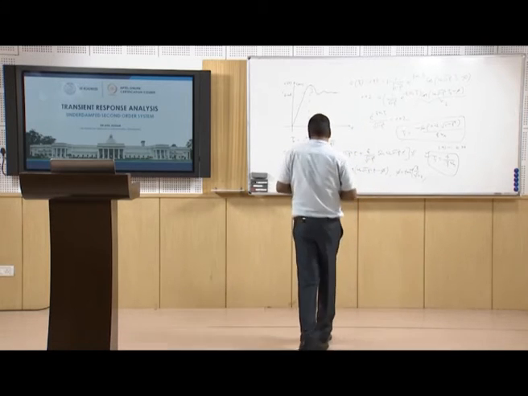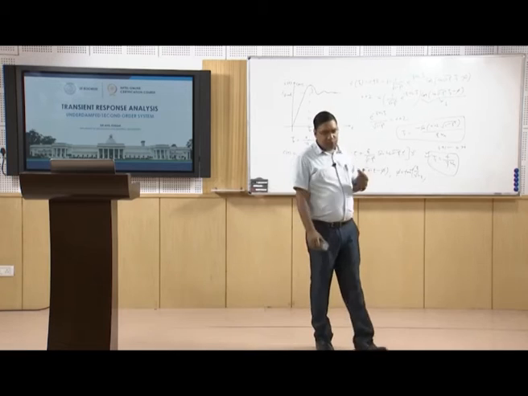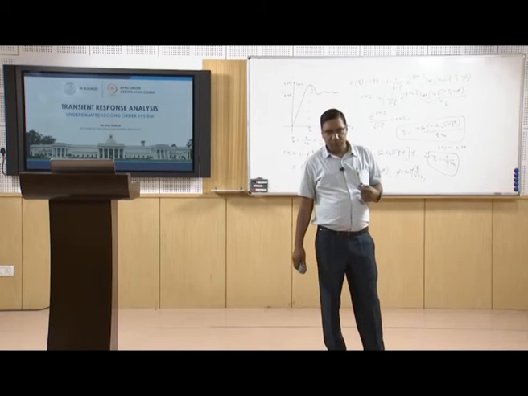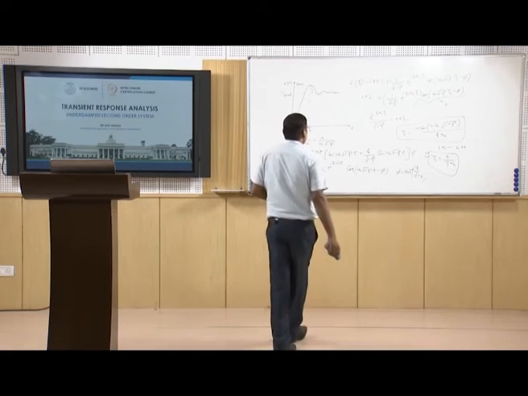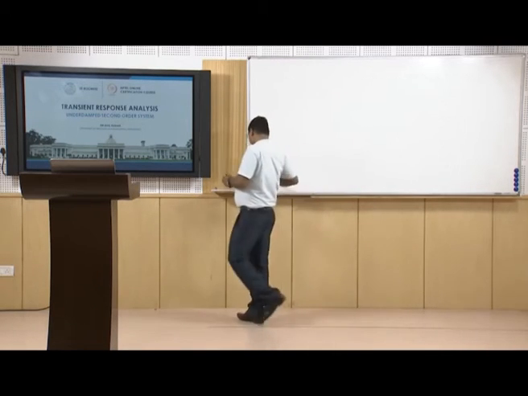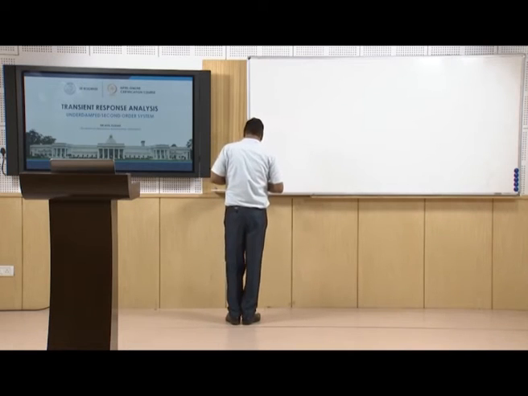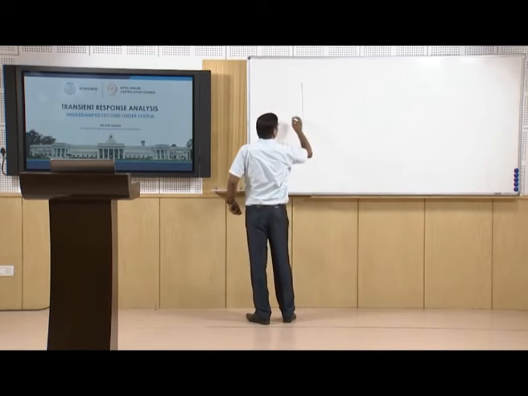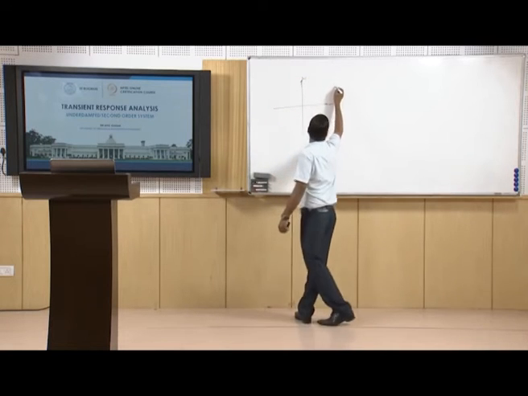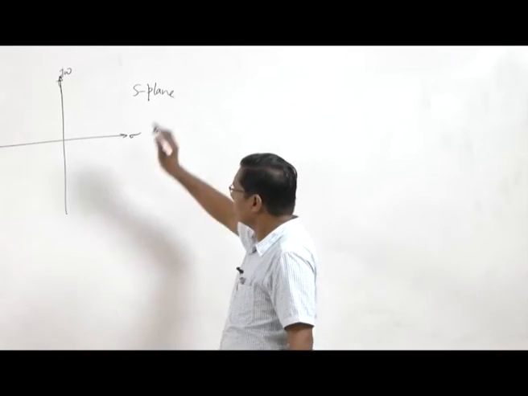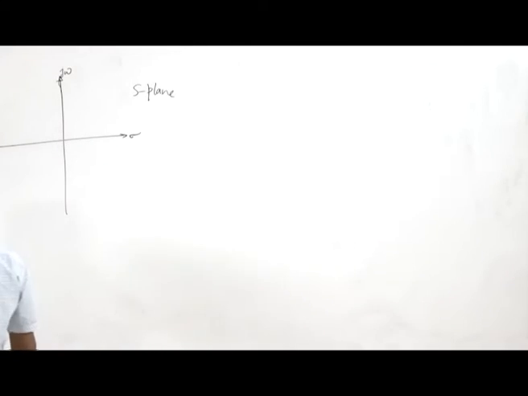Now let's show on the S plane this underdamped system, the poles, and we see what will be the effect of the movement of the poles on the second order system. So we can represent these poles on this S plane. So it is sigma and j omega. This is S plane, and we have an underdamped system.